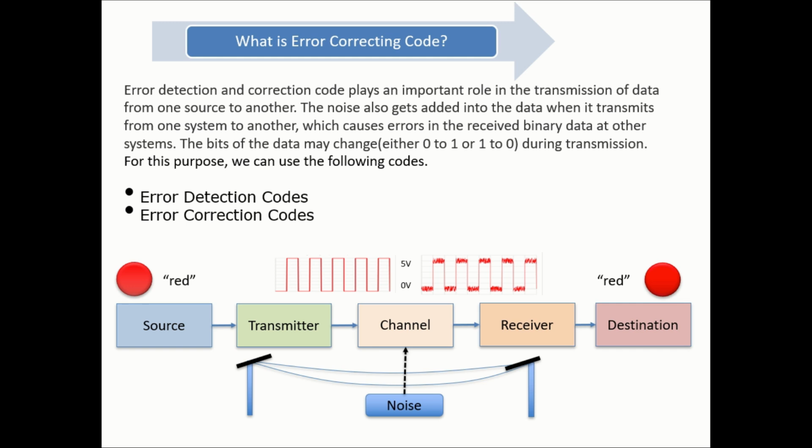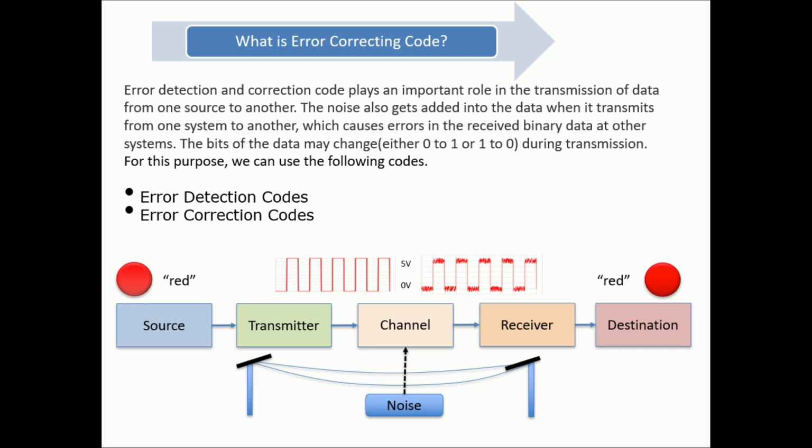Anything is possible, like a walkie talkie also. Through a walkie talkie you are transmitting the data from one system to another system. So that's why it is required to check the data and transmit the data after correcting the error or the noise. So the bits of data may change, either 0 to 1 or 1 to 0, during transmission.